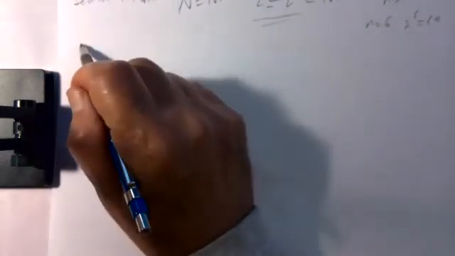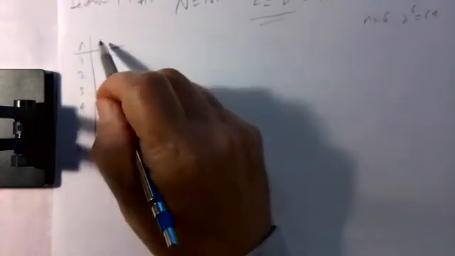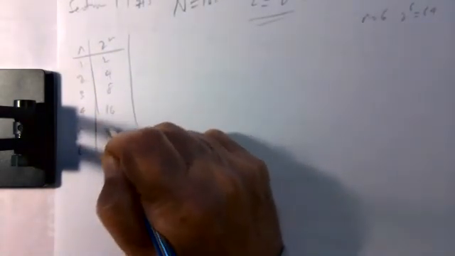And the highest power of 2 less than 105 is n equal to 6, I think, because 2 to the 6th is 64, and 2 to the 7th is 128. So you have to check these 6 cases. So n equals 1, 2, 3, 4, 5, and 6. And 2 to the n is 2, 4, 8, 16, 32, and 64.